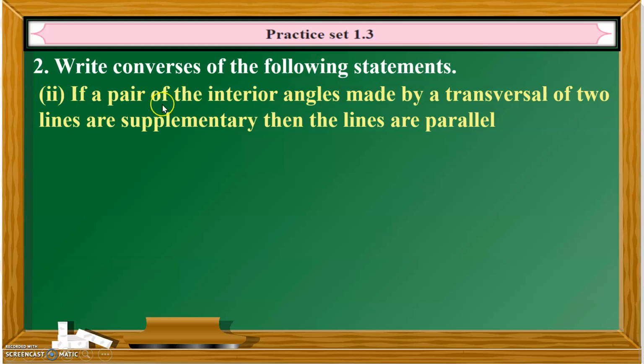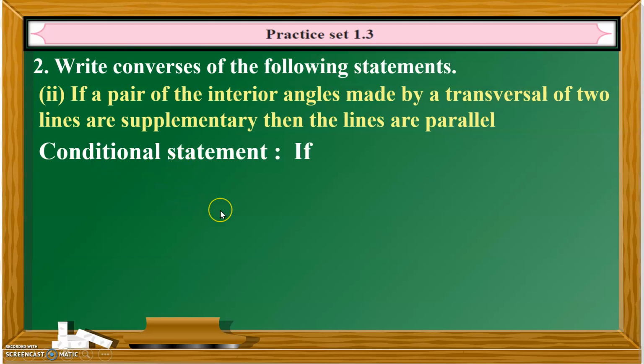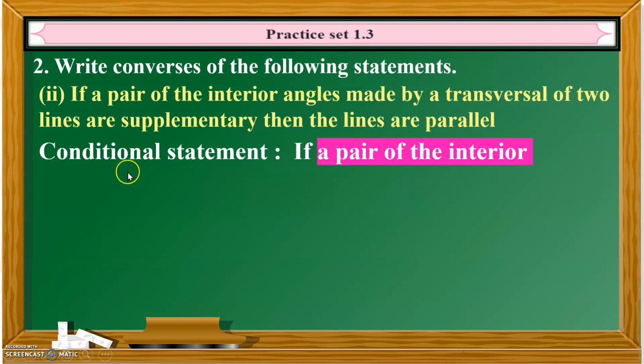This is the question. Now this is already a conditional statement, so you don't have to write it again, but for explanation purpose I am mentioning it. When you're writing in your books, you need not write this part.